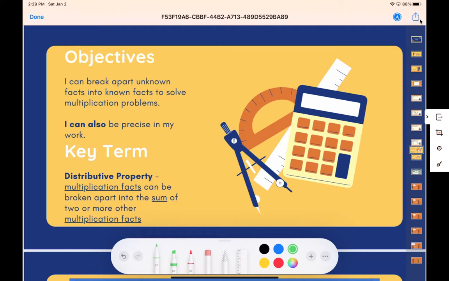The distributive property tells us that multiplication facts can be broken apart into the sum of 2 or more other multiplication facts. Ooh, that word sum. That's a word that we should all be very familiar with. The sum is what we get when we add 2 numbers together.